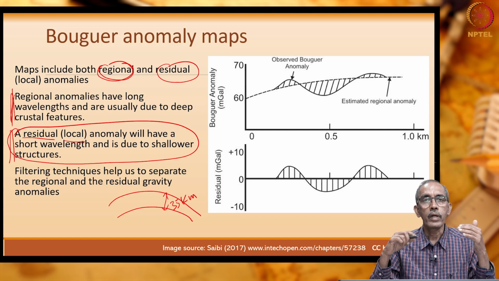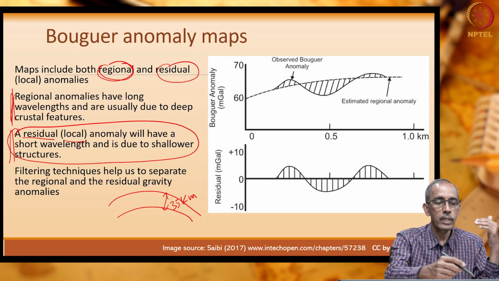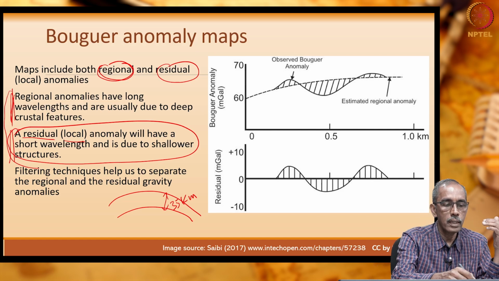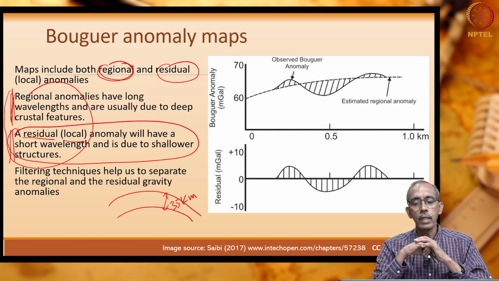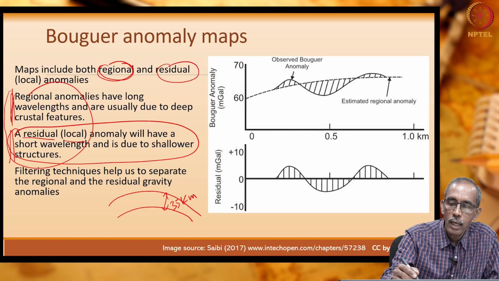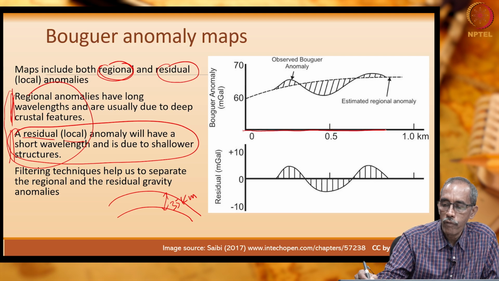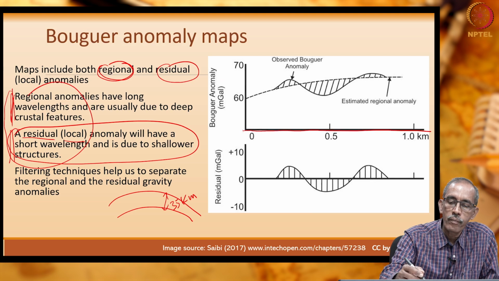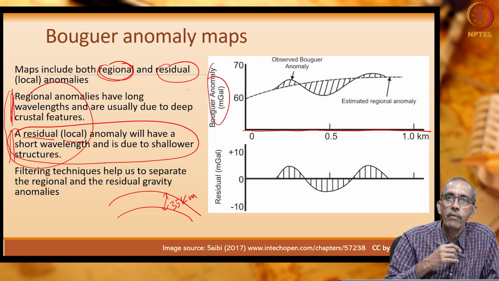But when you make measurements, you have the combined effect of both regional as well as residual anomalies. So, that is what we see here, right. On the picture above, we have measured, this is the surface of the earth. On the surface of the earth, along a particular profile, we have made the measurement of gravity values.